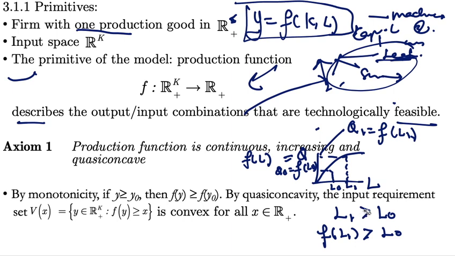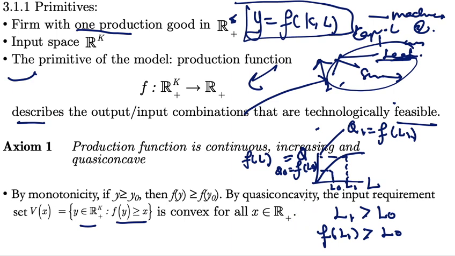But then what does it mean by quasi-concavity? By quasi-concavity, mathematically speaking, the input requirement set, which is given by this, and I will explain more about this bit later, is convex for all x in the positive output value or quantity.